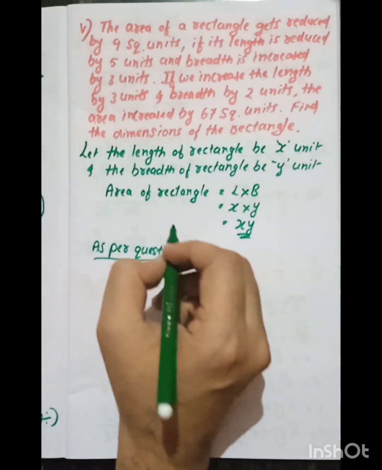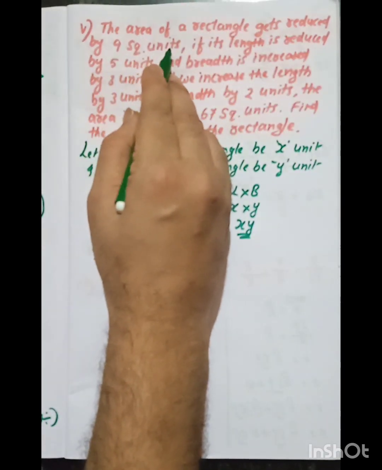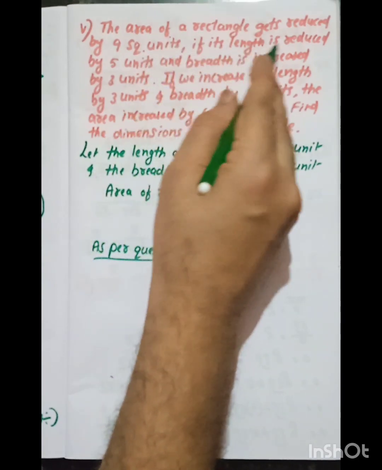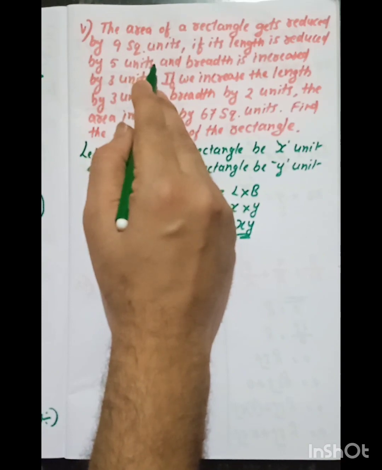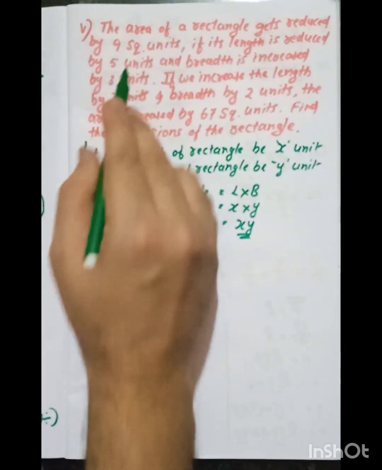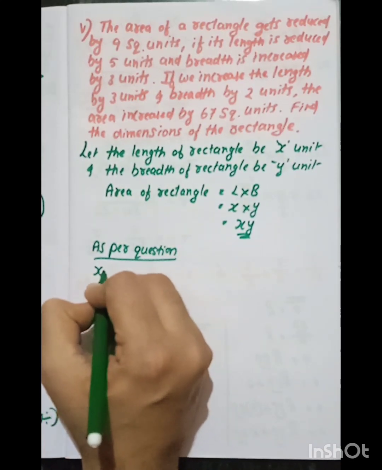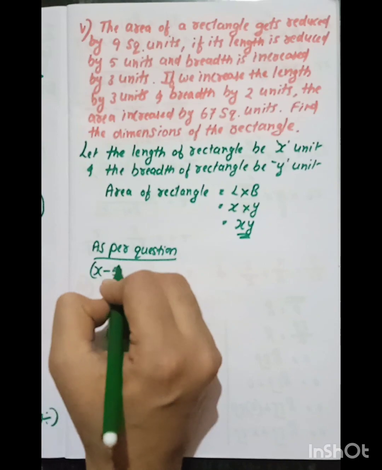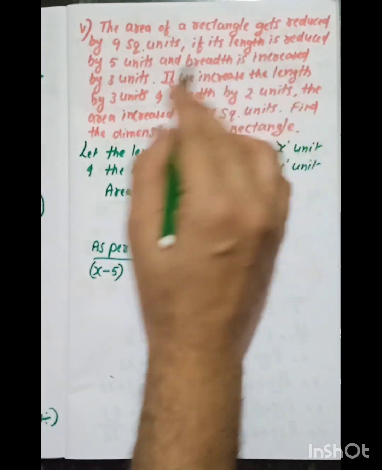What is given: the area of the rectangle gets reduced by 9 square units if its length is reduced by 5 units and the breadth is increased by 3 units. What is length? x reduced by 5 units, so x minus 5.